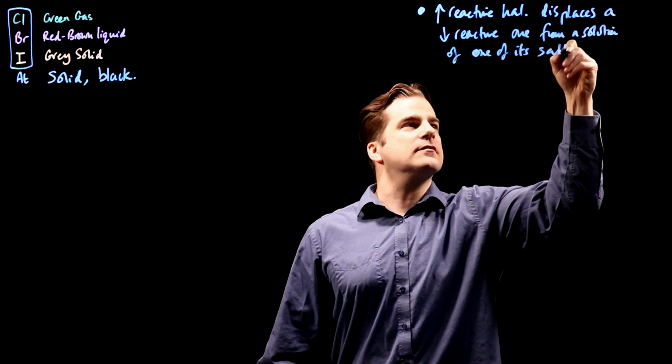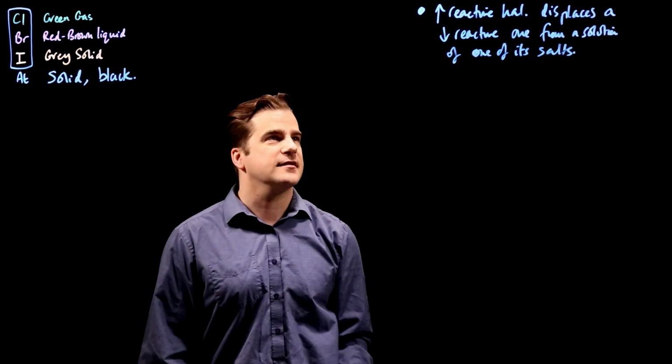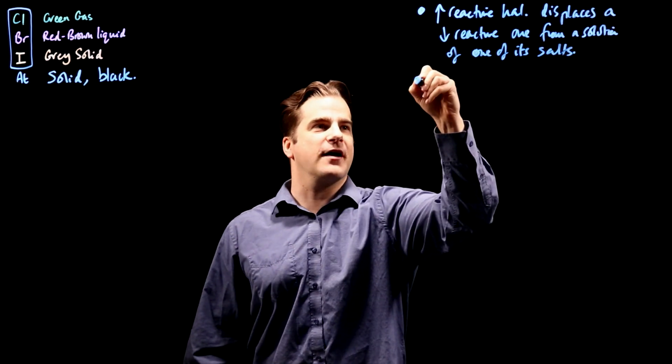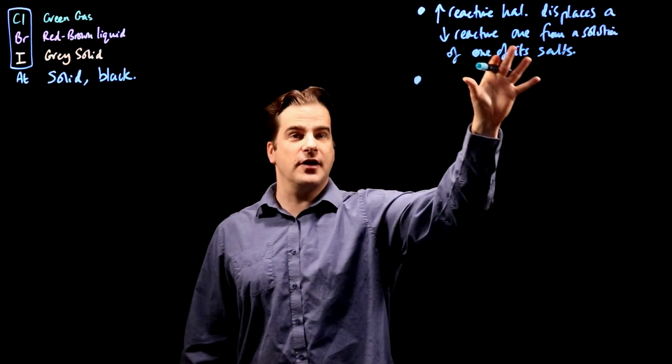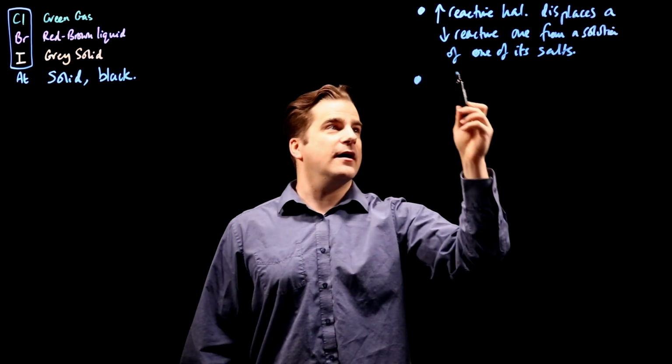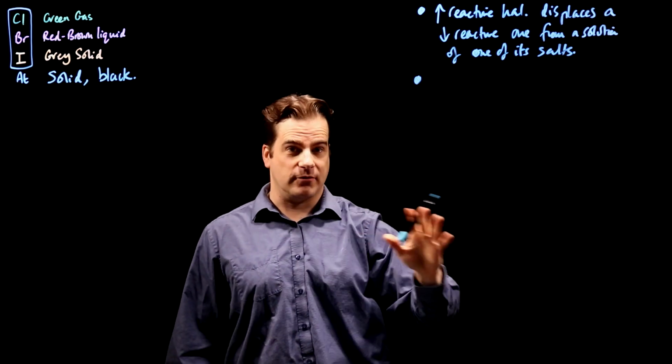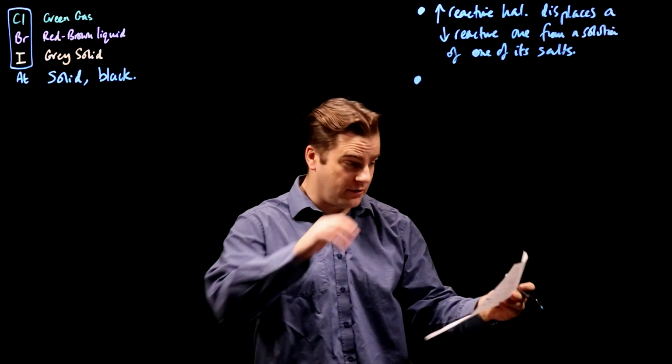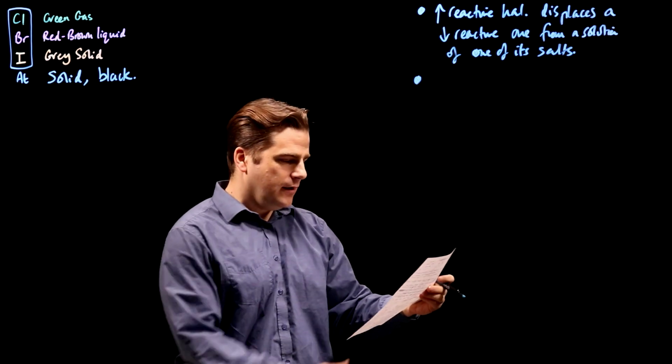So it's all based around that. I'll try and write less for the rest. So you've got to know that. You've got to know that chlorine is the most reactive, iodine is the least, to be able to answer this question. So learn that now.